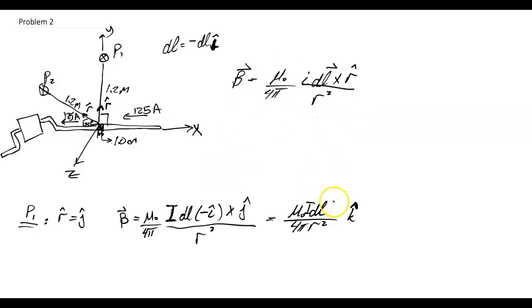So we can rewrite this as minus mu naught I dl over 4 pi r squared k hat.